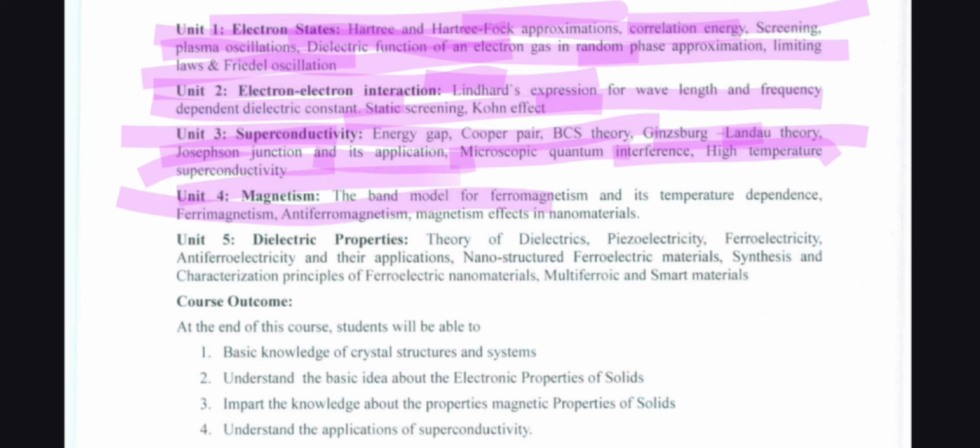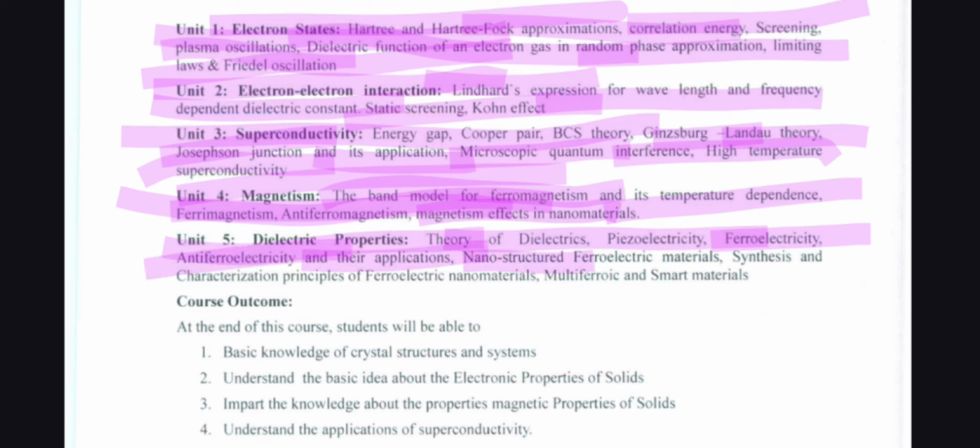Unit 4, magnetism: the band model of ferromagnetism and its temperature dependence, ferromagnetism, antiferromagnetism, magnetism effect of nanomaterial. So nanomaterial science. Unit 5, dielectric property: theory of dielectric, piezoelectricity, ferroelectricity, antiferroelectricity and their application, nanostructure, ferroelectric materials, synthesis and characterization, principle of ferroelectric nanomaterial, multiferroic and smart materials.